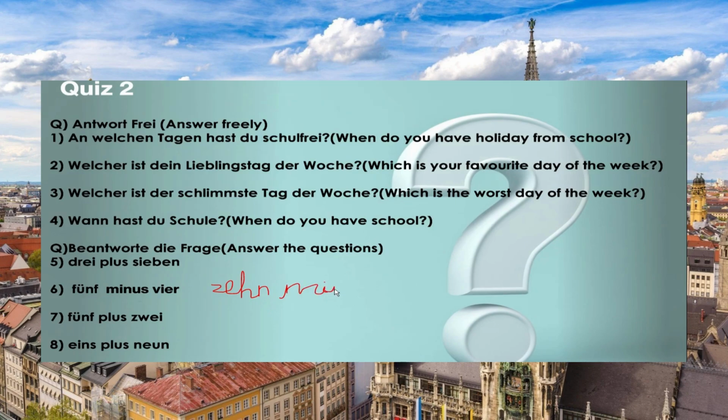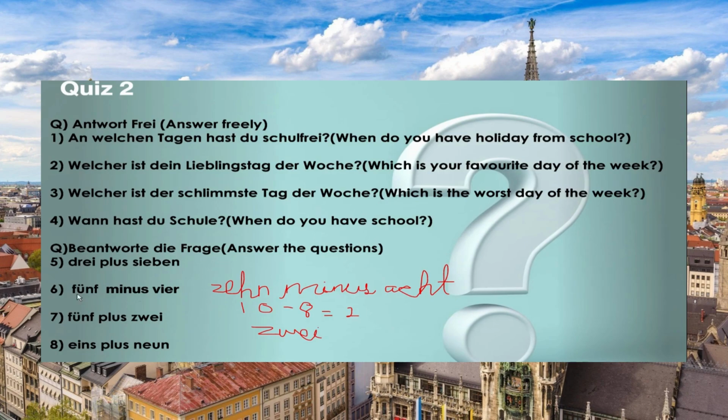First we'll translate into English. Zehn is 10. Acht is 8. When we subtract, the answer will be 2. Two in German is zwei. So the answer will be zwei. Like this, you have to approach the question.